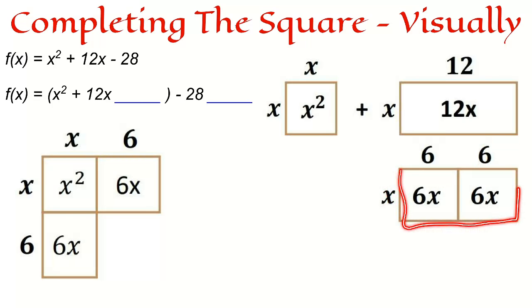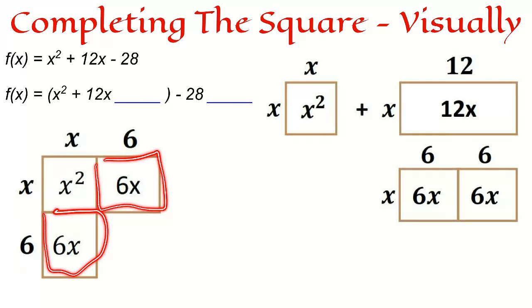And then we take those two rectangles and we bring them over here. Now, this is not what you're going to need to do when you're completing the square in the future. I'm just giving you a visual understanding of what completing the square is.